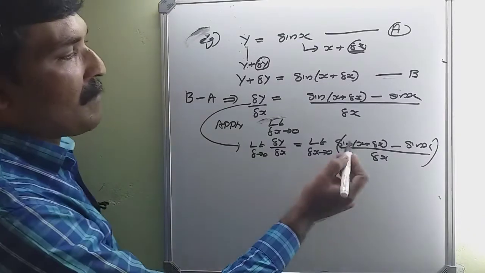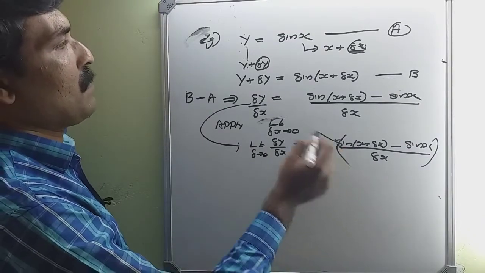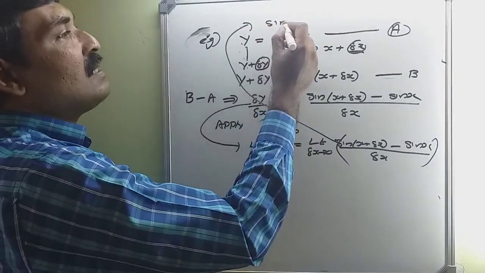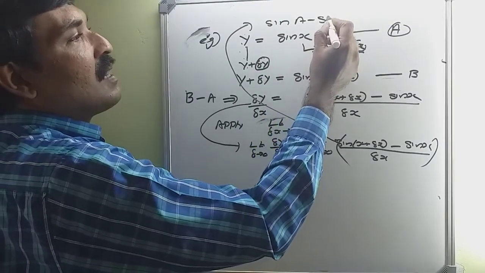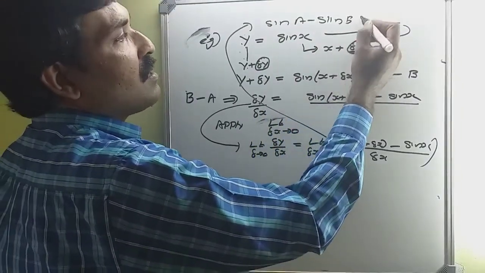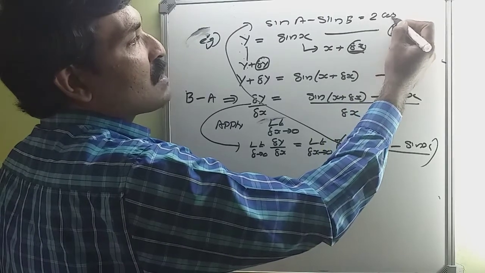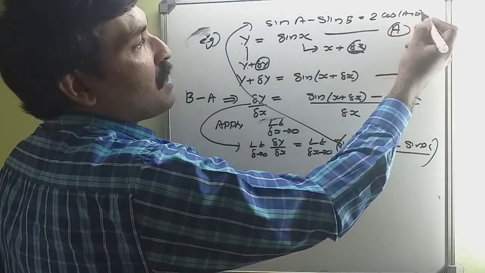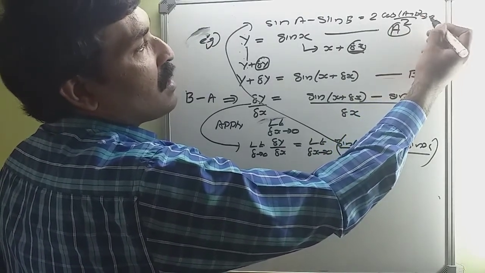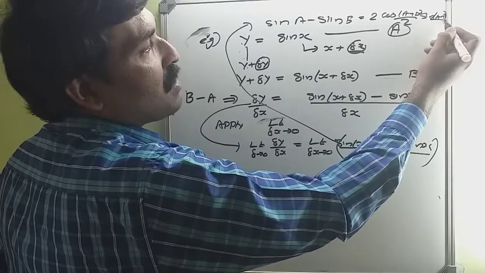So this is of the form sin A minus sin B, that is equal to 2 cos of A plus B by 2 into sin of A minus B by 2.